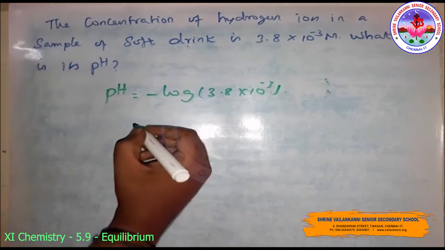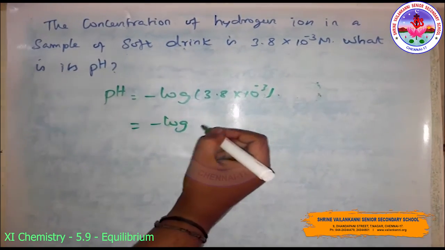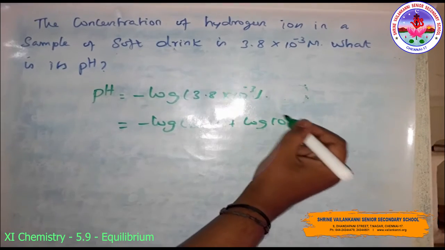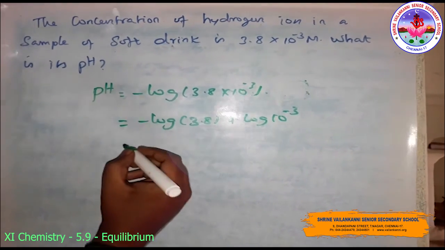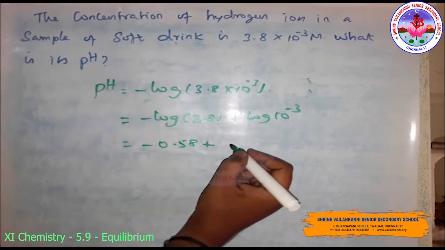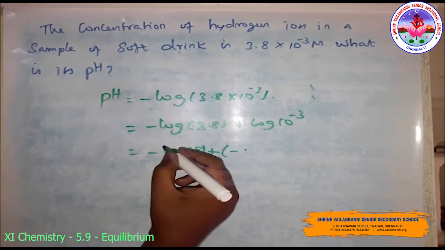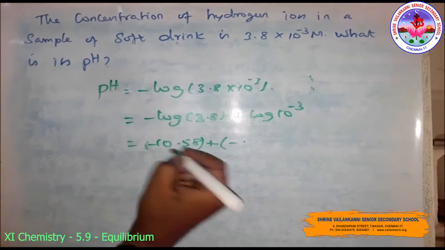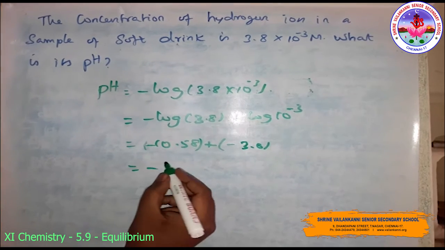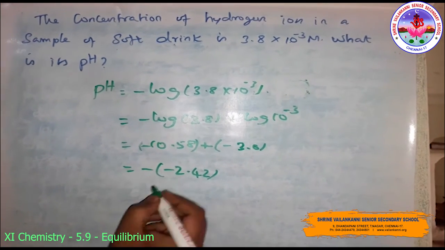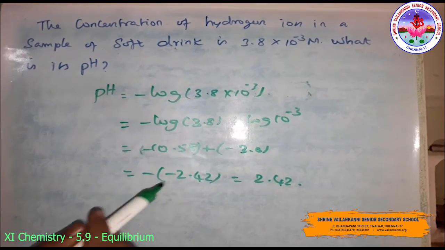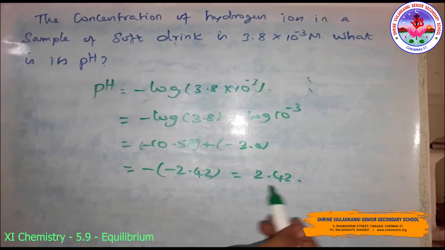After simplifying and getting the log values, minus 0.58 plus minus 3.0, we will get minus into minus of 2.42. So the value is 2.42. So the pH of the soft drink is 2.42, so it is acidic in nature.